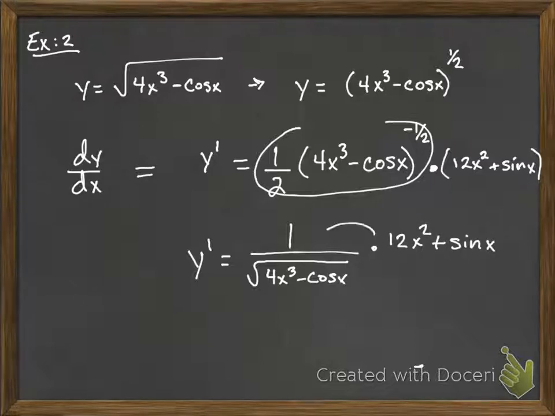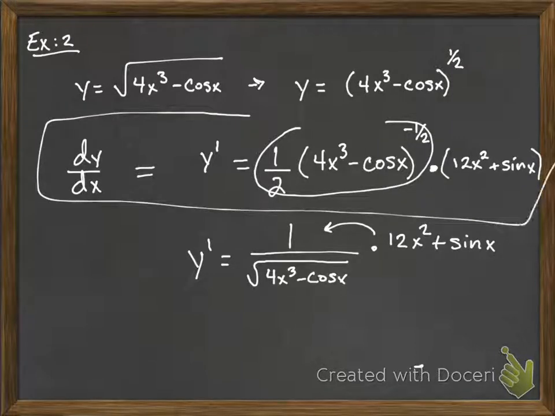And some people put that in the top as well. Again, I'm not as worried about the simplification part as I am about this. I want you to be able to apply the power rule and apply the chain rule more than anything. Okay, yeah, the two would have to come down.